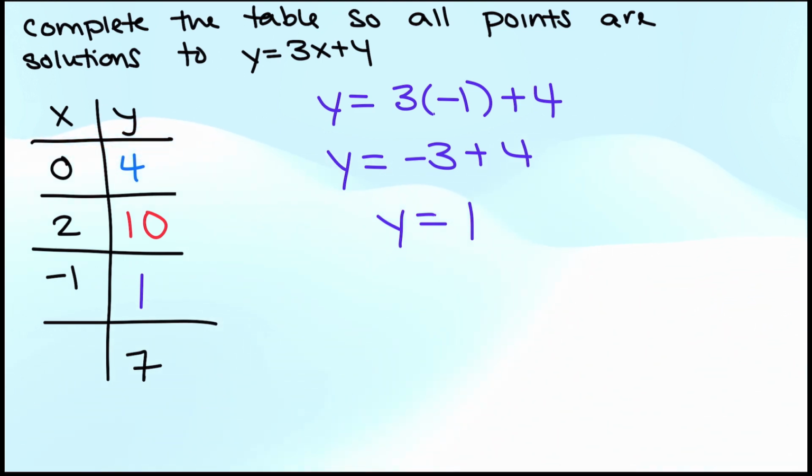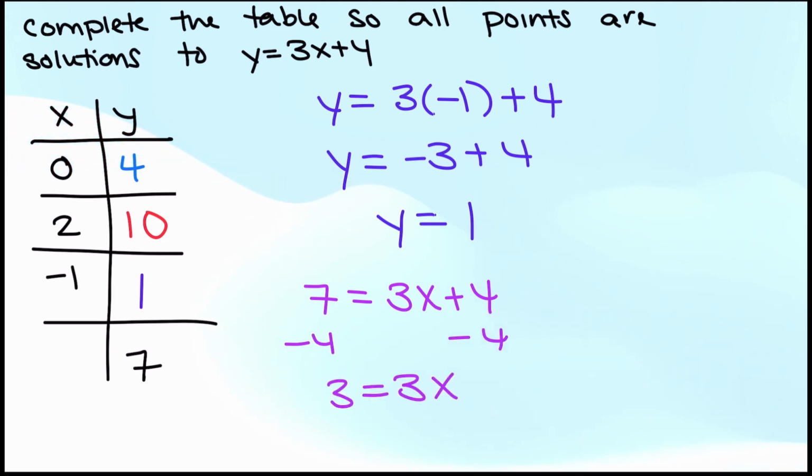If y is 7, we're going to take the 7 and we're going to plug that in for y. And so now we have just a tiny bit more work to do. We're left with 7, that was my y, equals 3x plus 4. And we're going to solve this for x. So to get the x by itself, we have to subtract the 4. That gives me 3 equals 3x.